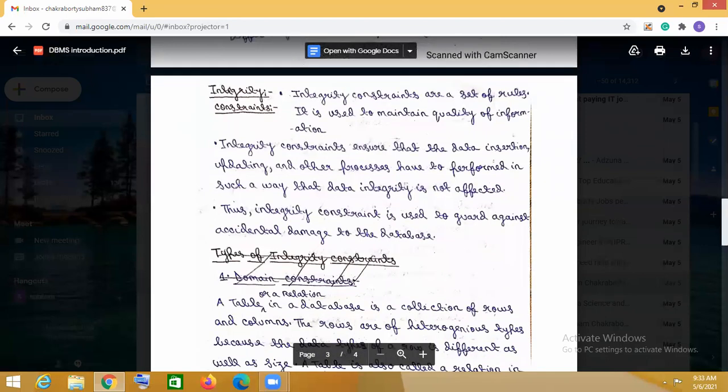Now, integrity constraints. I mentioned that integrity rules cannot be imposed on the file system. What are integrity constraints?